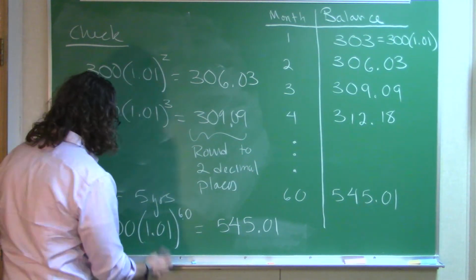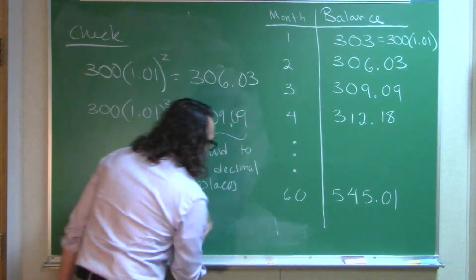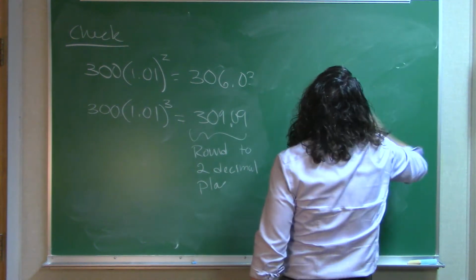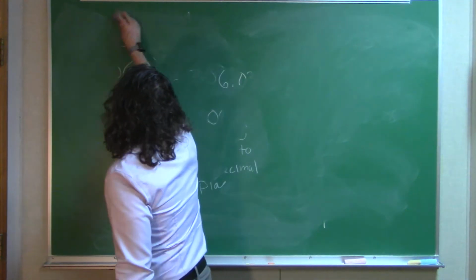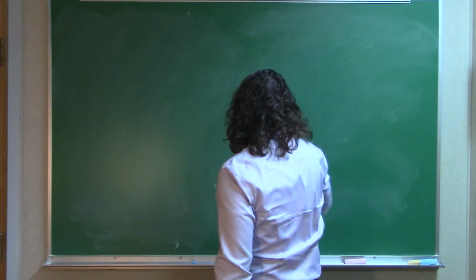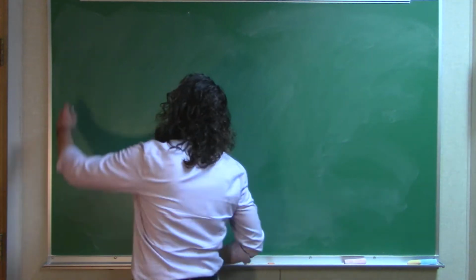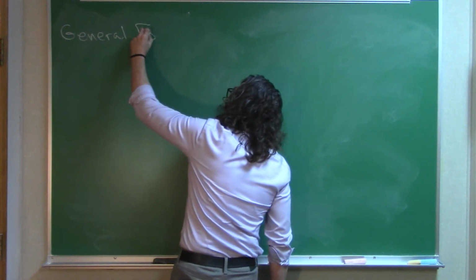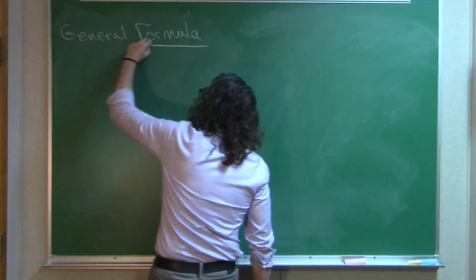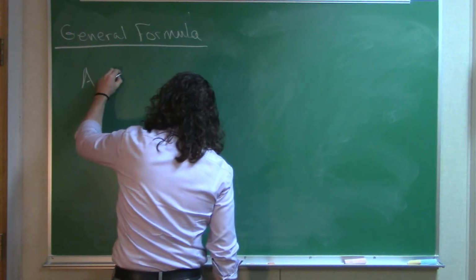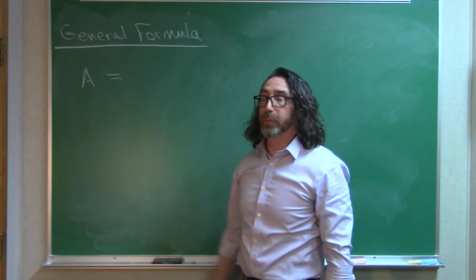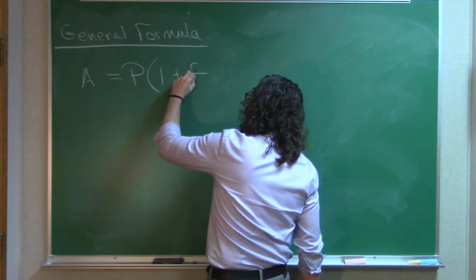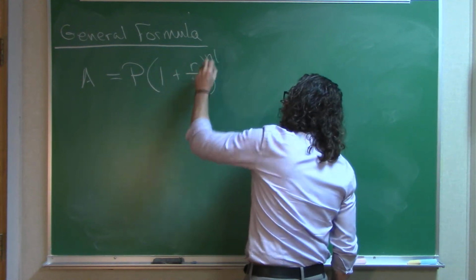So it's 60 months. Okay, so let me write down the general scheme that you need to use for dealing with compound interest problems. Okay, the general formula is this. A, the amount that we end up with in our account, equals P times (1 plus R over N) raised to the NT.